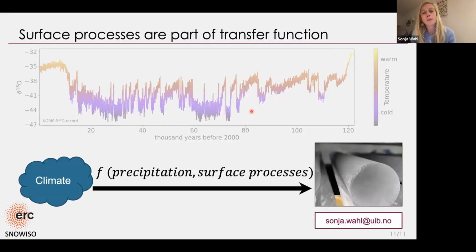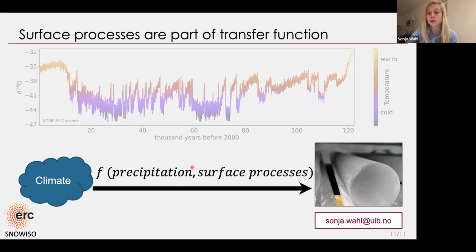And I just want to end with this slide from the beginning, where I want to say that we think, based on these results that I just showed you, that the surface processes are part of the transfer function between climate and ice core signal. And I also want to mention that if this is the case, then the ice core record is an even better climate archive than we have thought so far, because if you only record the climate signal during precipitation, you of course have a very biased record.